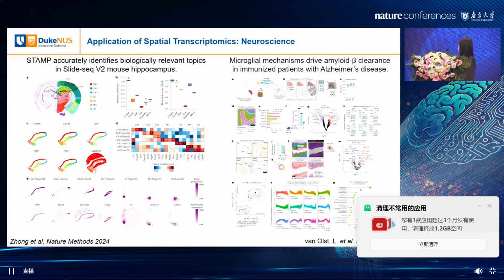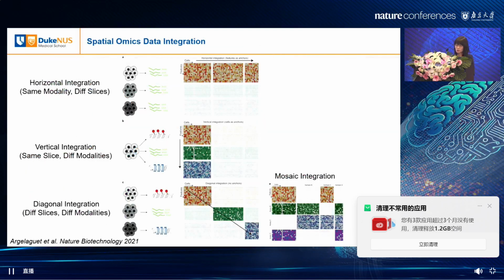Subsequently, we collaborated with Lin and David Gate from Northwestern University, and they used spatial transcriptomics to identify new microglia mechanisms that drive amyloid beta clearance in humanized models of Alzheimer's disease.